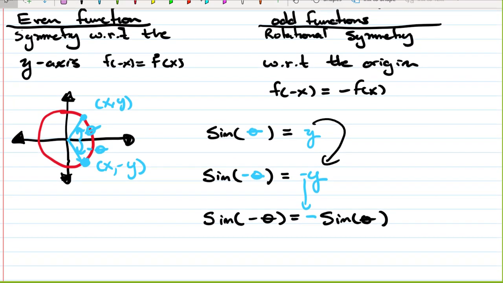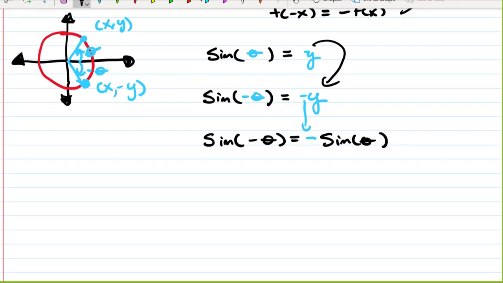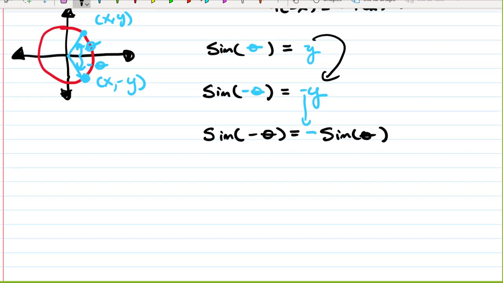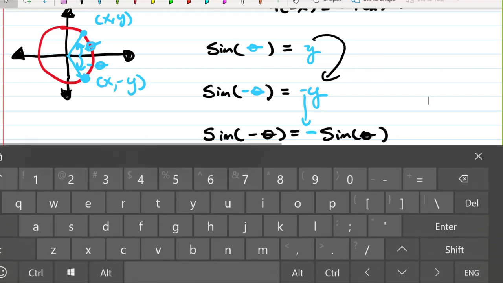I look back at my definition, and that is exactly this right here. So this tells us that sine is an odd function. That means sine is going to have rotational symmetry with respect to the origin.